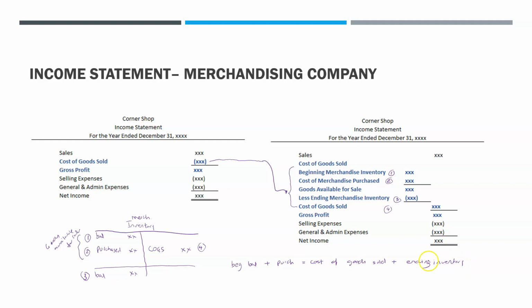So to figure out our cost of goods sold, all we're doing is subtracting ending inventory, so we get beginning balance plus purchases minus ending inventory equals cost of goods sold. And this is really what we're putting in our income statement up here.